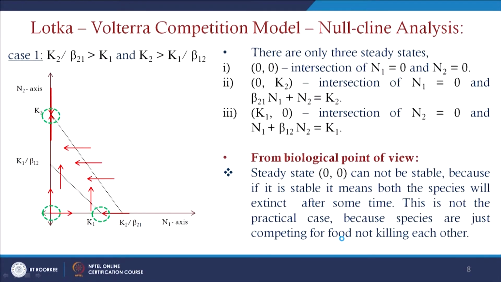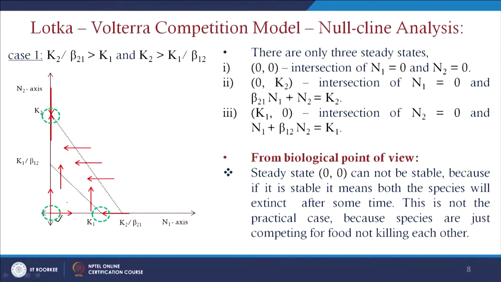If we go for further analysis of these points, we can find that whenever k2 by beta 2 1 is greater than k1 and k2 is greater than k1 by beta 1 2, there are only 3 steady states. First one is 0 0, second one is 0 k2, third one is k1 0.